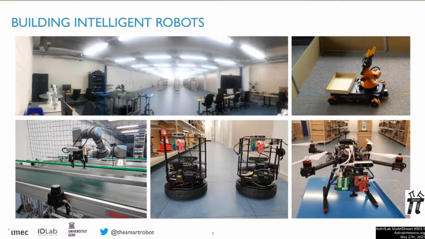So before we dive in, maybe a short introduction on what we do, what our goal is. So basically, we want to build intelligent robots. In our lab here in Ghent, we have a pretty large space where we have some room for robot manipulators on the one hand, but also driving and flying robots on the other hand.